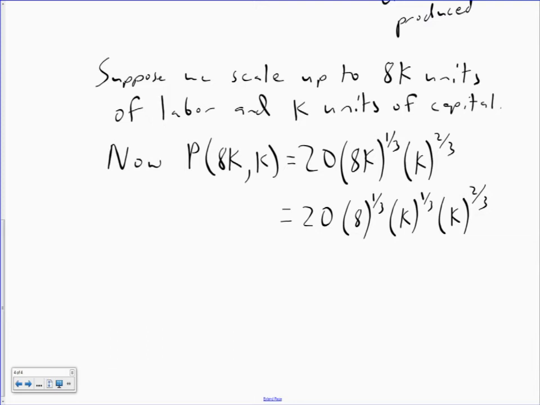So now we've got 20. 8 to the 1/3, we already did that before. That's 2, cubed root of 8. And now look at our K's. So we've got K to the 1/3, K to the 2/3. Well, we add those exponents, and 1/3 plus 2/3 gives us K to the 3/3, or K to the 1st, right? So we end up with 40K.